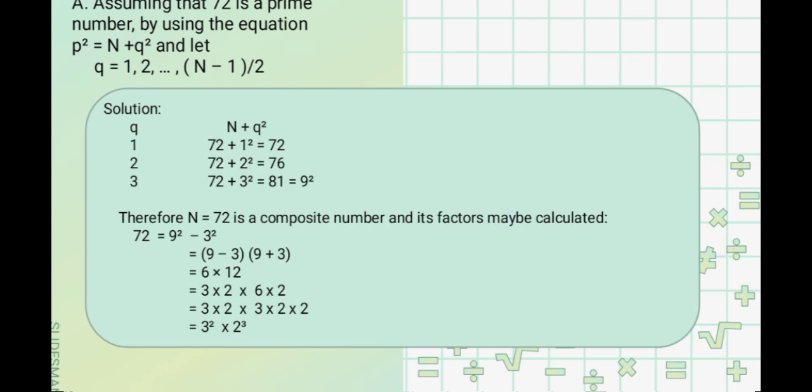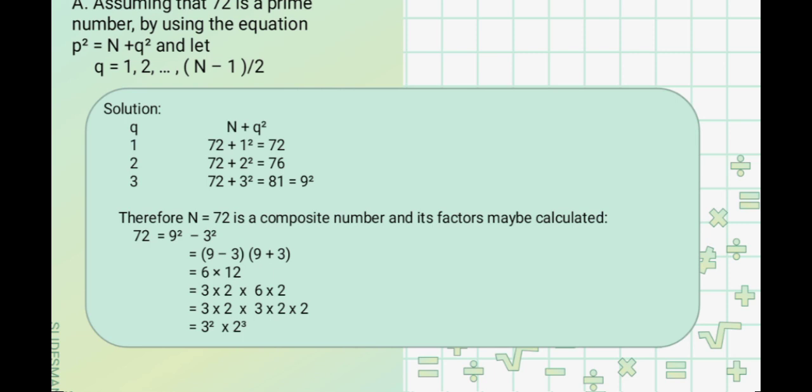And then, if we are going to substitute the values using the equation that is being given, which is p squared is equal to n plus q squared. On this side, the equation used is n plus q squared. So, we will substitute.